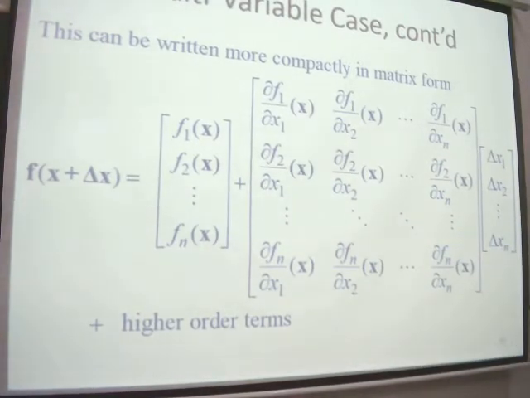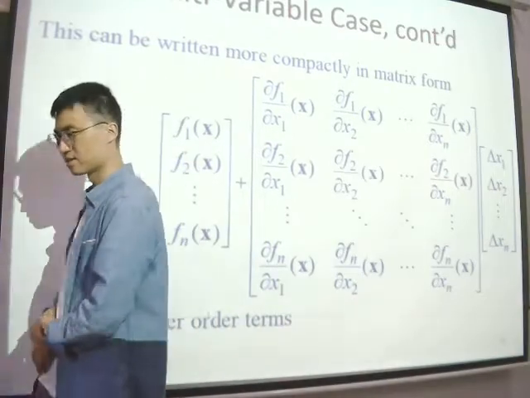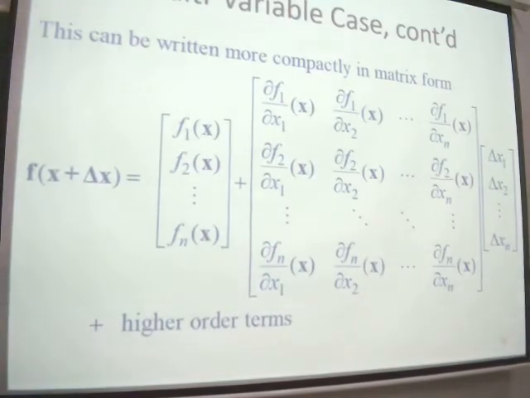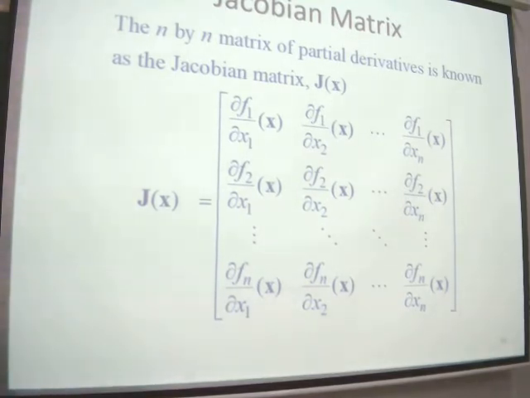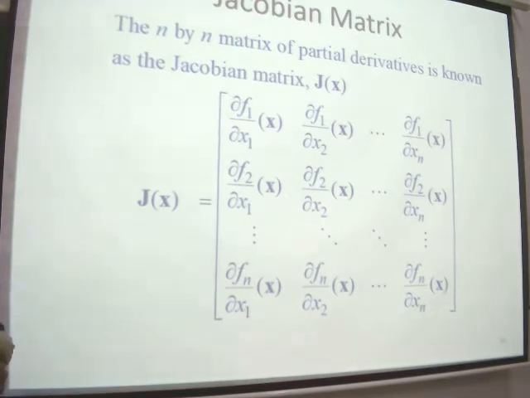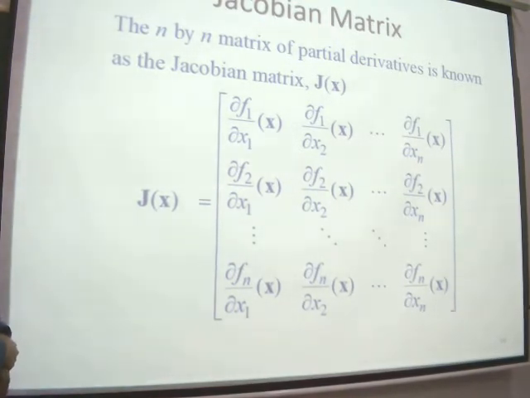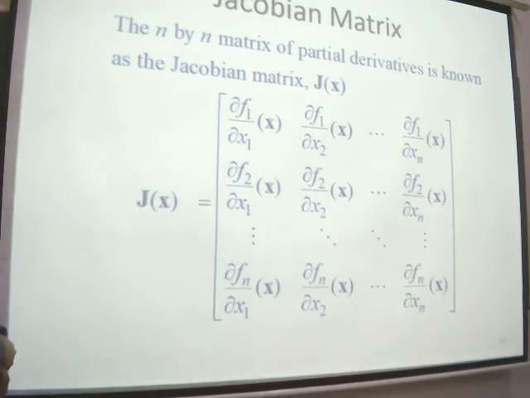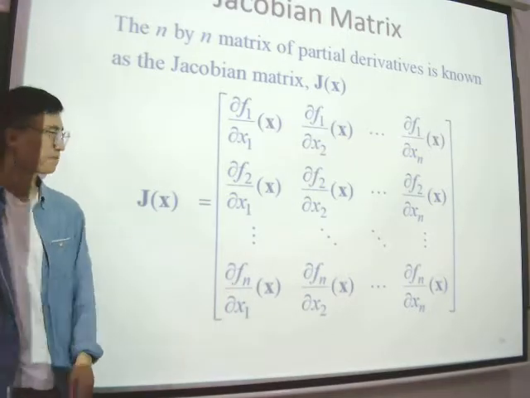So here is the matrix, and we give it a name: the Jacobian matrix. It is the matrix of partial derivatives.